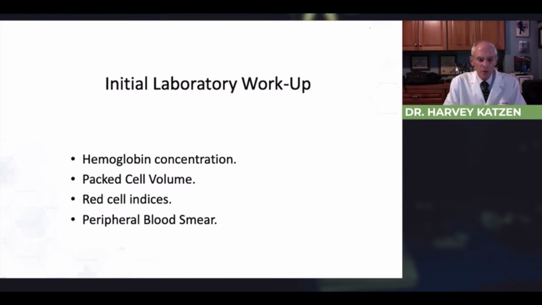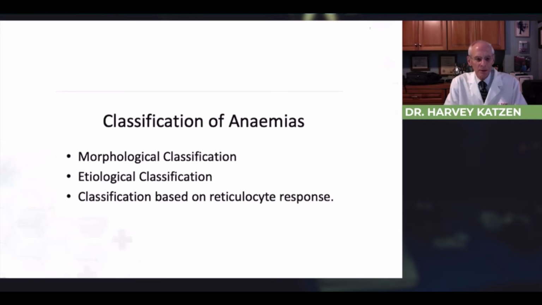Sometimes we get a lot of indication by those indices, the size of the cells and how deeply red or not deeply red, which is the MCH, the mean concentration of hemoglobin. As a hematologist, I'm going to tell you, every time you see a patient that's anemic, you should be looking at the peripheral blood smear. There's a lot of information in the peripheral blood smear, and we'll go into that.